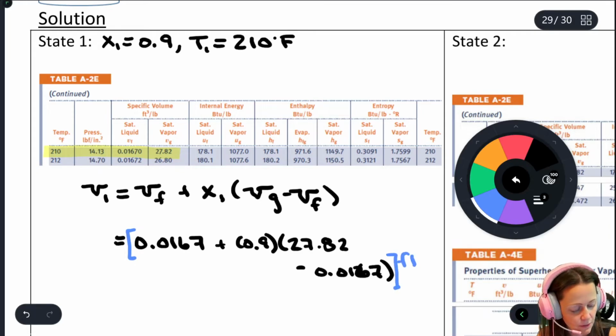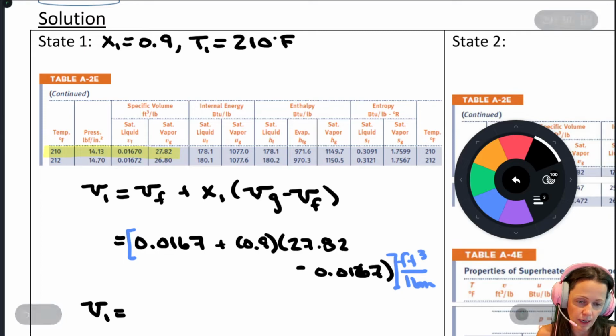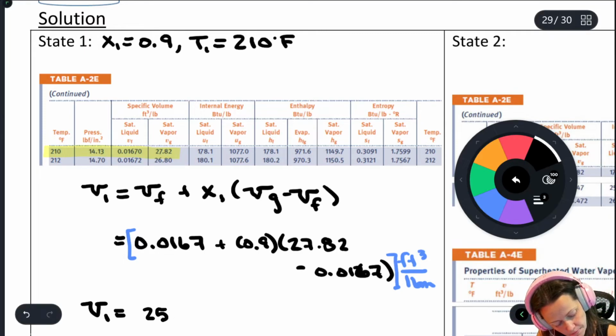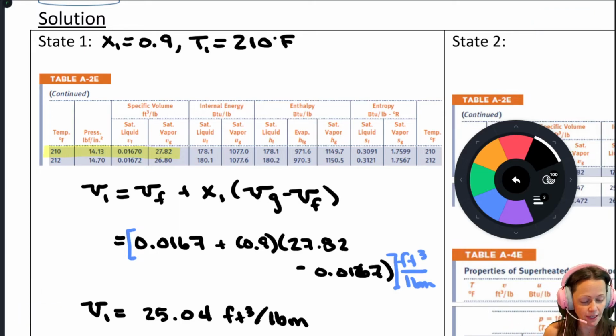These are going to be feet cubed per pound mass. And so I get a V1 value. Let's see what I end up getting. I've got 25.04, and that's going to be in feet cubed per pound mass. All right, so state one, got that taken care of.